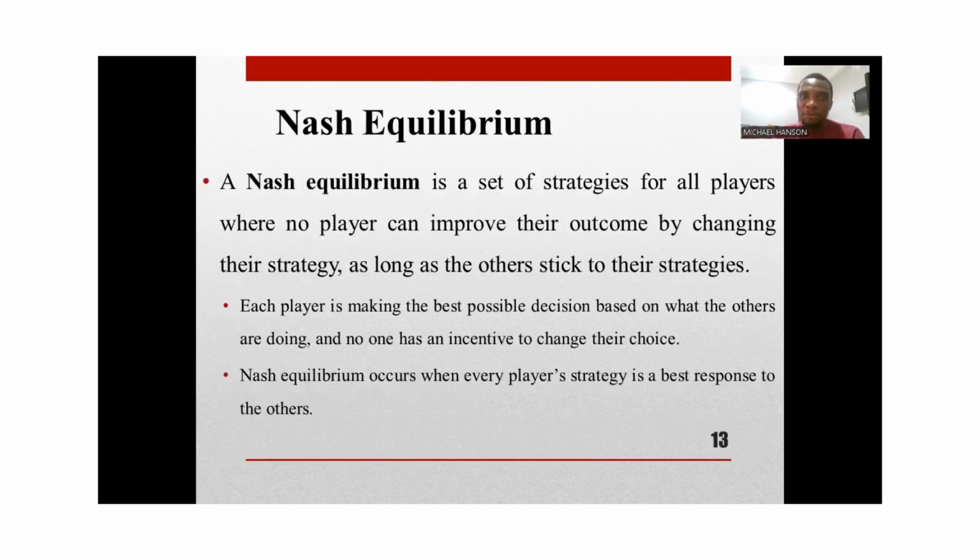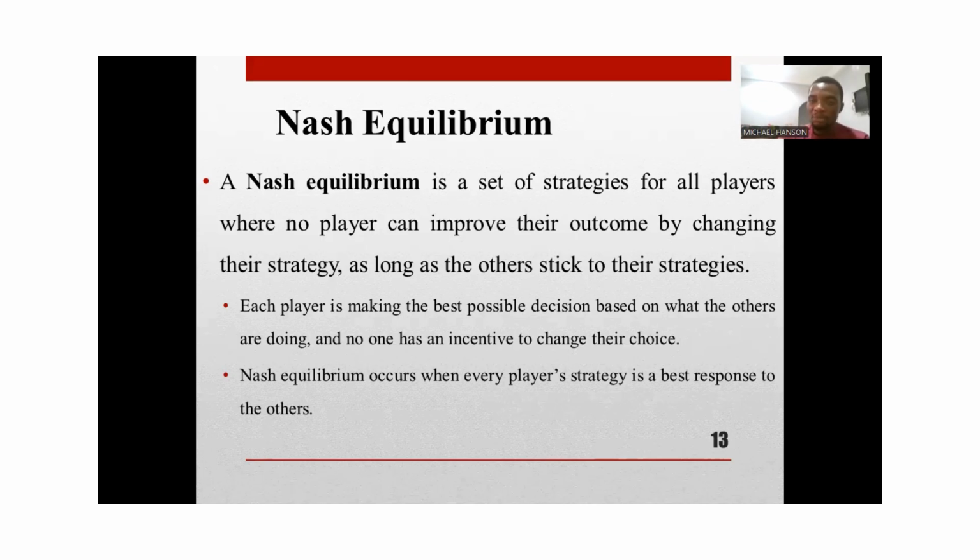So now let's talk about the Nash equilibrium. The Nash equilibrium, like I showed on the whiteboard, is the set of strategies that are best for all the players, no matter what each player does. Their outcome will not be better off. So with a Nash equilibrium, we are saying that each player is making the best possible decision based on what the others are doing, and there's no incentive for the player to make a different choice.